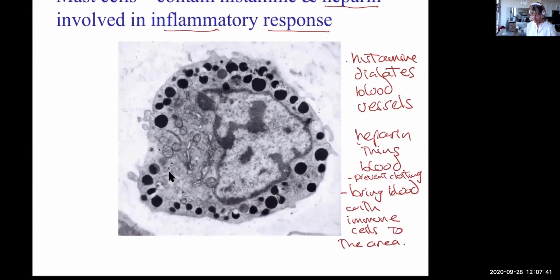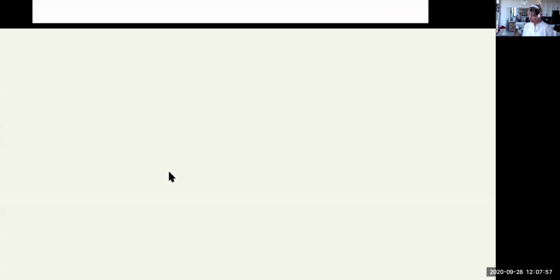Before I go on, let's just talk about the fibers for a second. The different fibers of loose connective tissue.